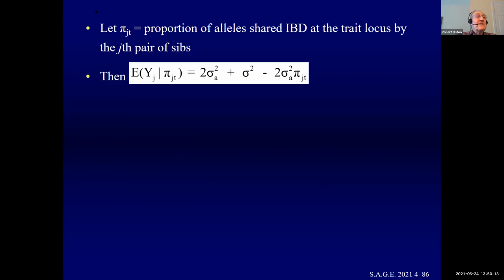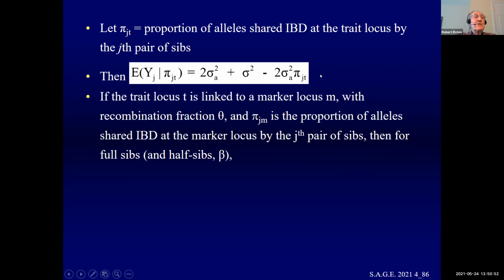Then the expected value of y, given the proportion of alleles shared identical by descent at the trait locus, is twice the additive genetic variance plus some residual variance, minus twice the additive genetic variance times the proportion of alleles shared identical by descent at the trait locus. This is one of the main results of the paper, that you can do this.